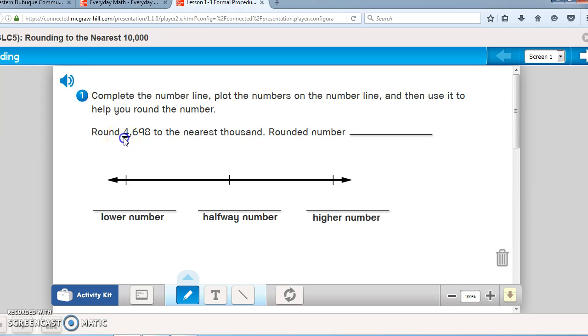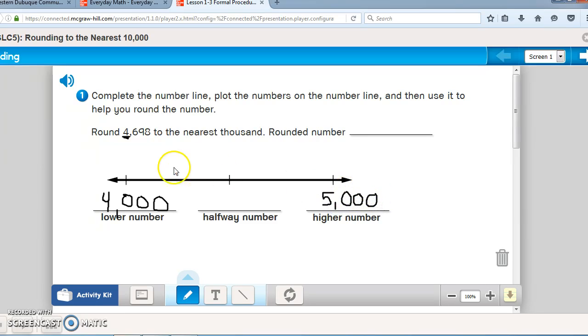So what's the lower number of my choices? Well, it would be that exact number, 4,000. What's the higher number? Well, we go up by thousands now. So the highest number could be is one more up from 4,000, which would be 5,000.